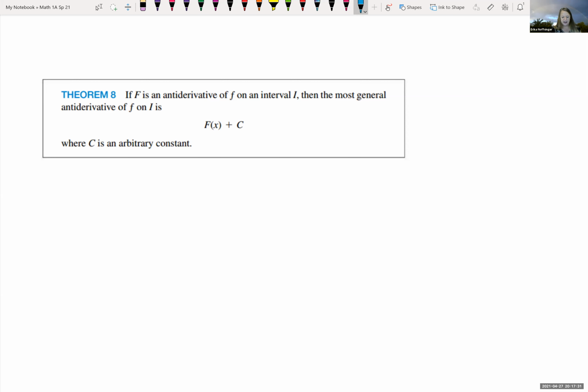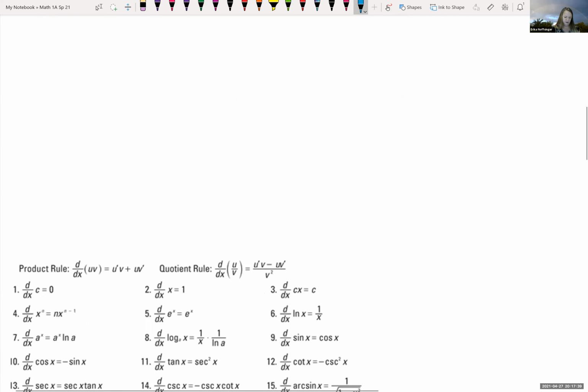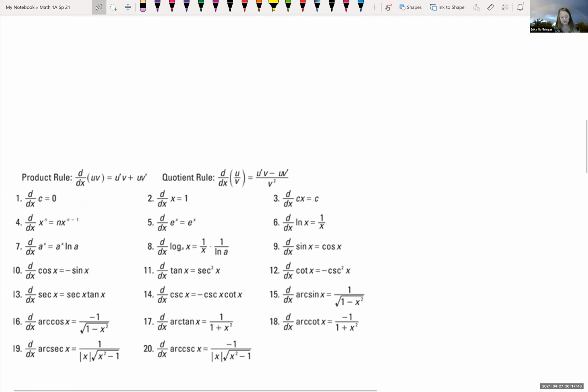And we discussed that just a couple minutes ago when we were looking at why we would add some constant graphically. So to help us find the formulas, or look at how we get the formulas, it's nice to go back and look at formulas for derivatives.